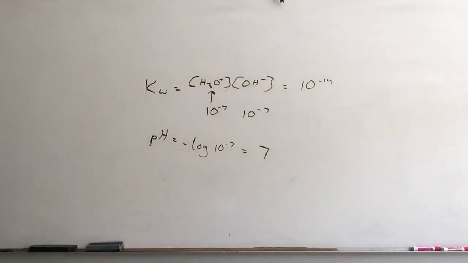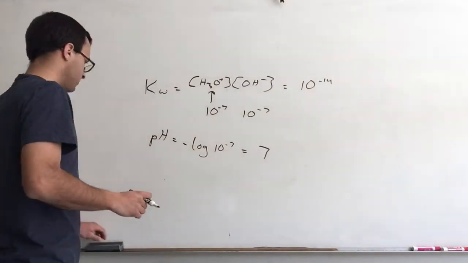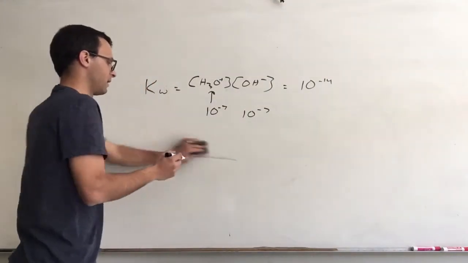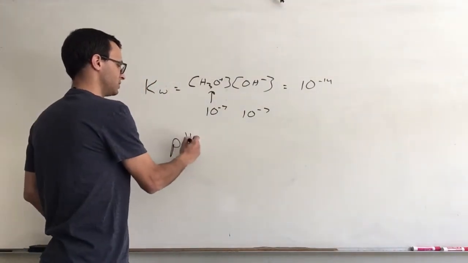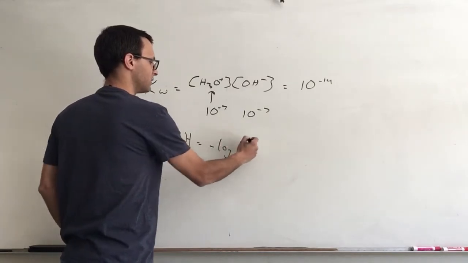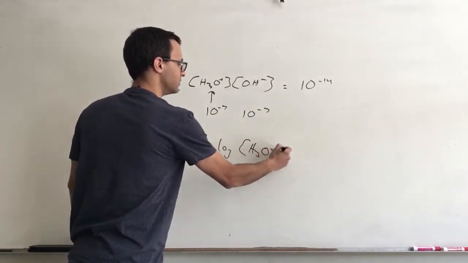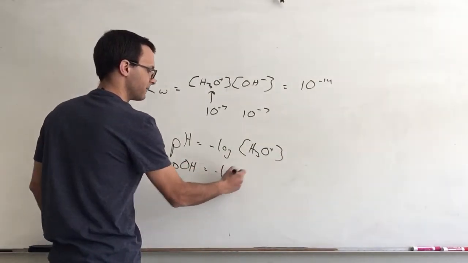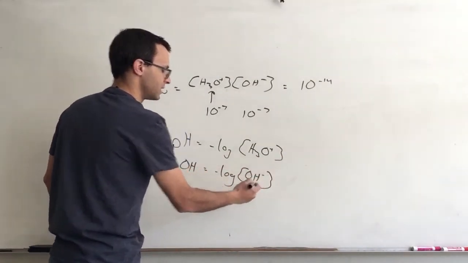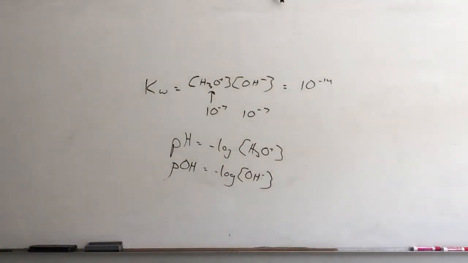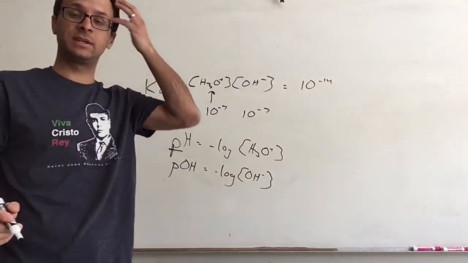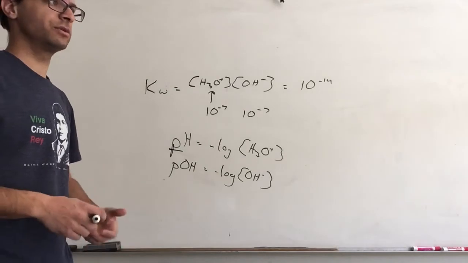Okay? Good. Now we talked about pH as the negative log of the hydronium concentration. pH equals negative log of the hydronium concentration. pOH is the exact same idea, but for the hydroxide concentration. So this is what pH and pOH are. And what a P does, taking the negative log of something, is it puts a value on a logarithmic scale.